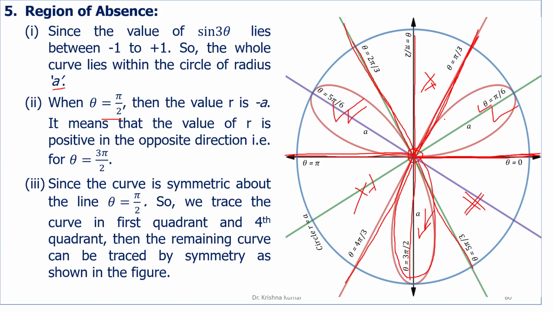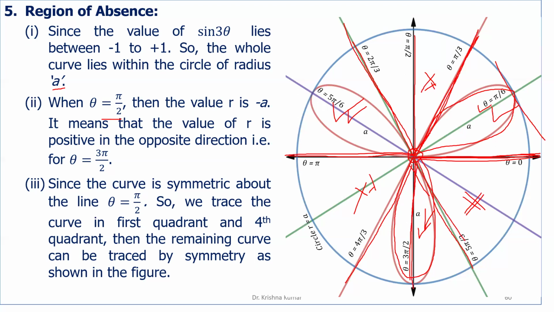Now if we trace the first one, at θ = π/6 the value of r equals a. So this is the one loop we are getting, and there is no loop over here. What about this part here? Since at θ = π/2, r is -a, there is a loop in this part.